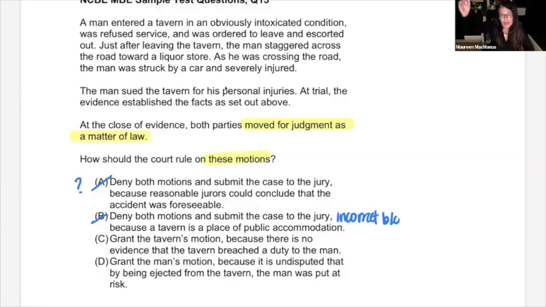So it's not strict liability, but it's a really, really high duty, the utmost standard of care. But this is not that. This is a tavern. This is a bar. So incorrect because no duty to the man because it's a tavern.